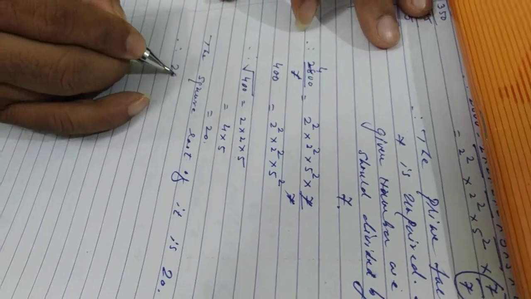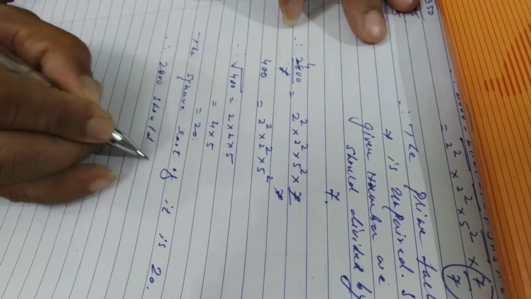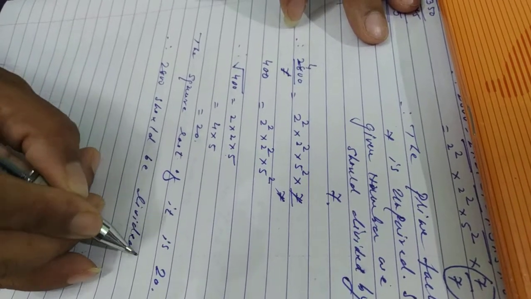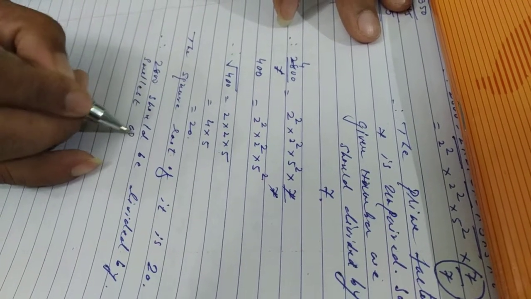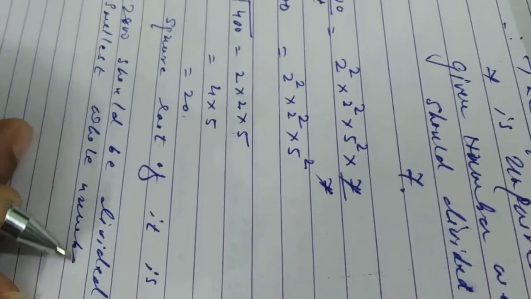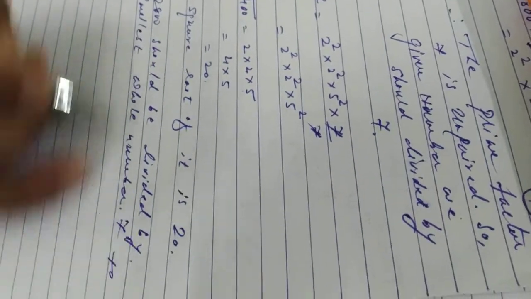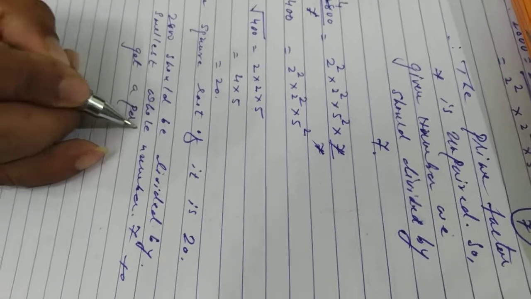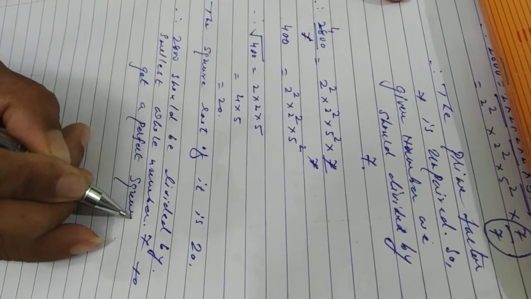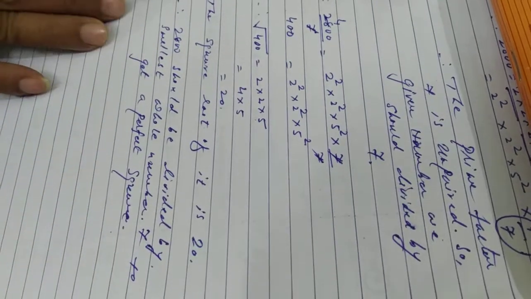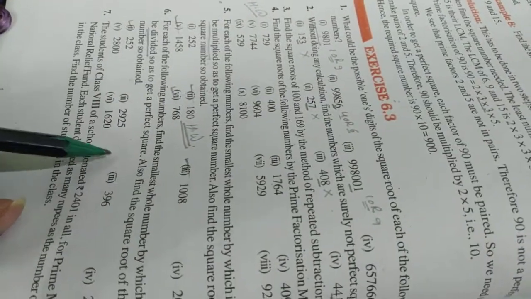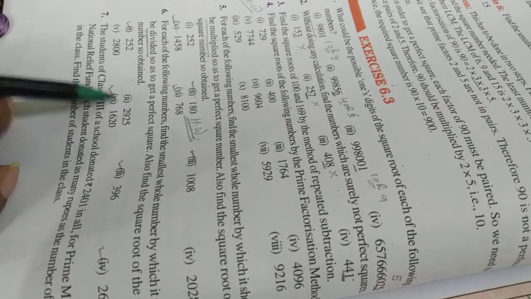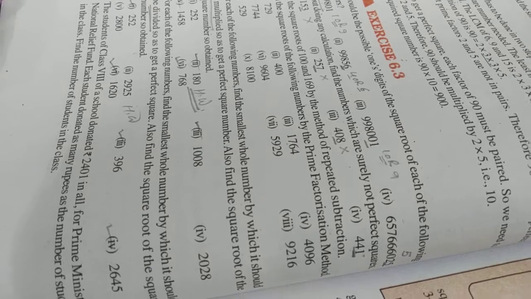Same way, therefore 2800 should be divided by the smallest whole number 7 to get a perfect square. Understood? Sure? Good. So now the first example remains, then after that the second I think I have explained. So the third, fourth and sixth are your homework.